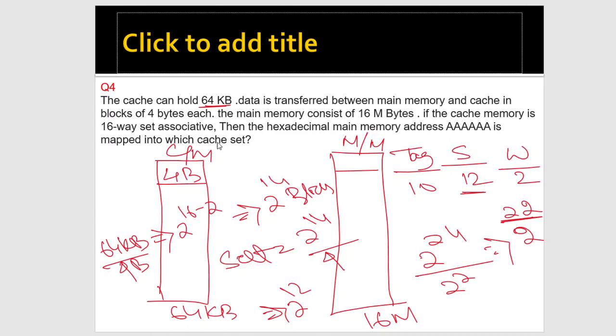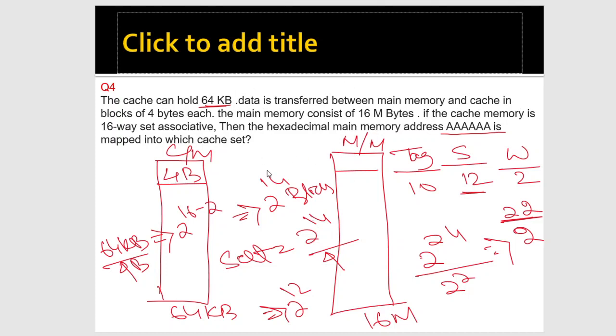This is the addressing. What the question is asking: the hexadecimal memory address is mapped to which cache block? So I have to determine this address first. This is the answer for the addressing scheme used for the cache, usually 10, 12, 2. This is the structure. Okay.